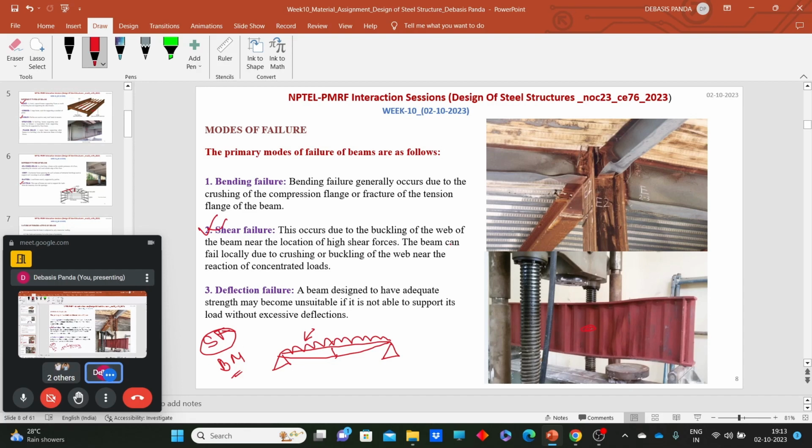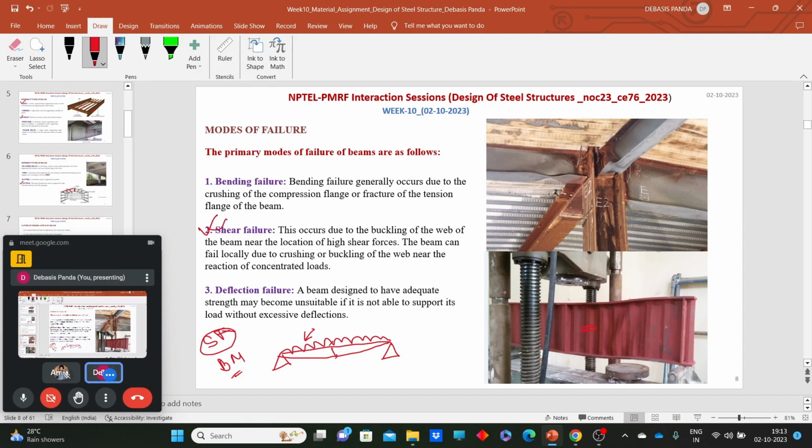The selected cross-sectional area should be able to take care of the induced shear stress or force. So primarily we need to look for three kinds of failure modes.